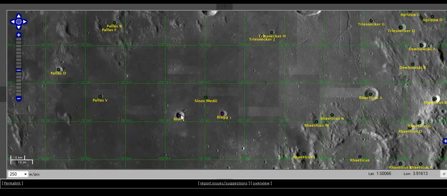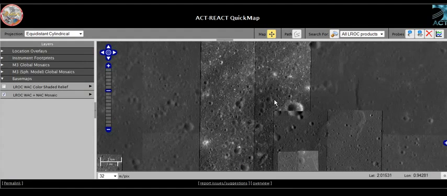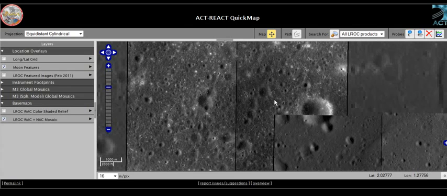Here is Bruce, the crater, Sinus Medii, and the Trisnecker area. And we're going to focus on this particular area. Let's zoom in. Sinus Medii. Now we zoom in further in this area. We have now a resolution of 32 meters per pixel. And we have 60 meters per pixel, and watch this area.